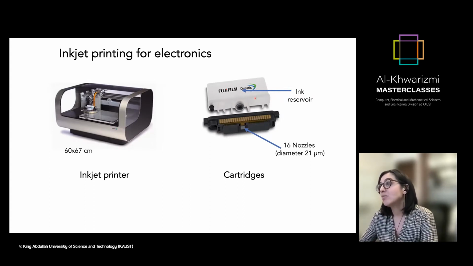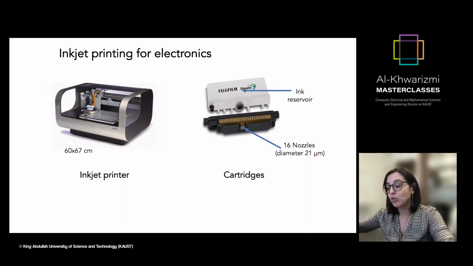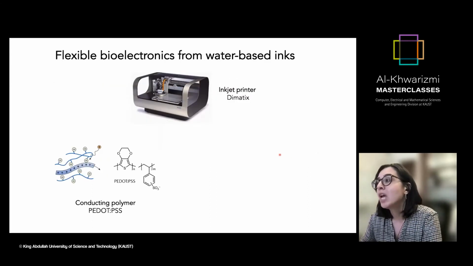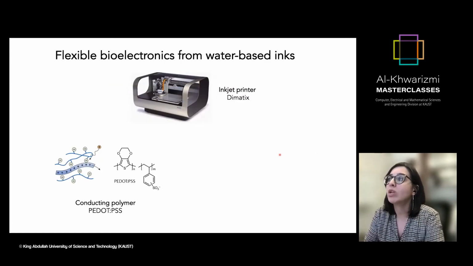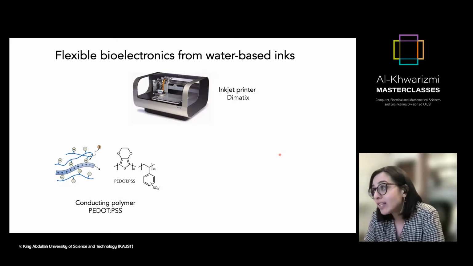This is the part of the inkjet printer that contains the ink. And the one that we are using has about 16 nozzles with a diameter of 21 micrometers, where the fluid is basically dropping. And today, all I'm going to talk about are some applications of the inkjet printed devices that we fabricated in the lab.